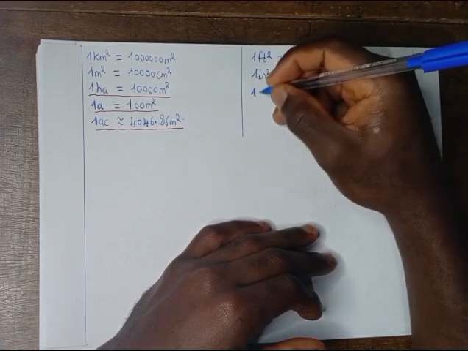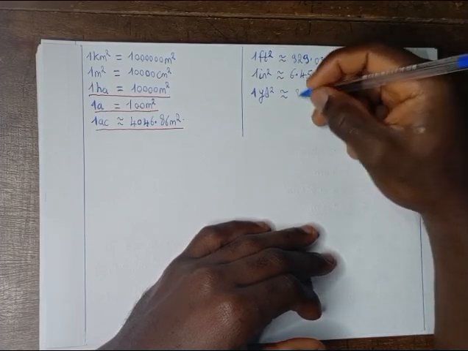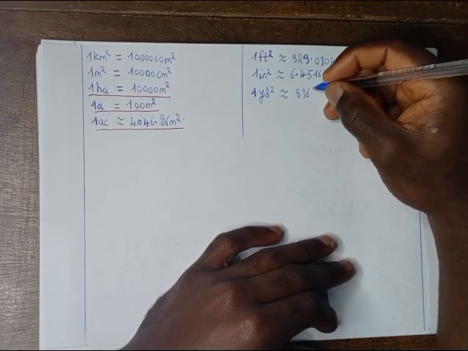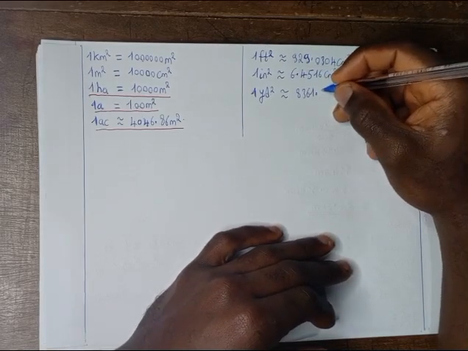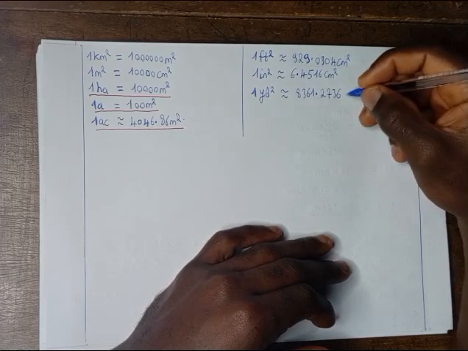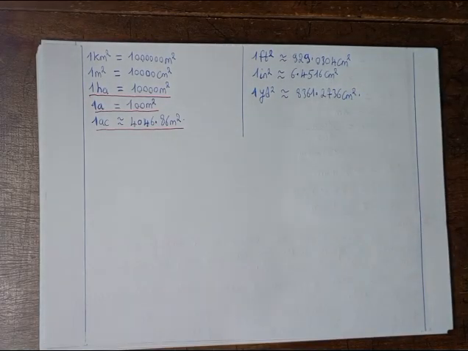And lastly, we have 1 yard squared. It's approximately 8,361.2736 centimeters squared.